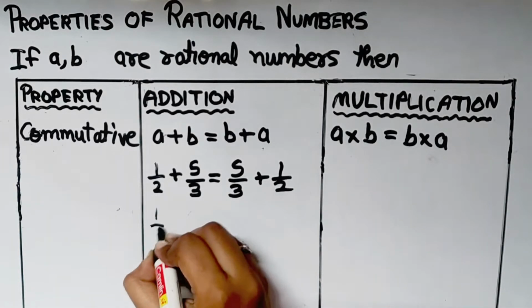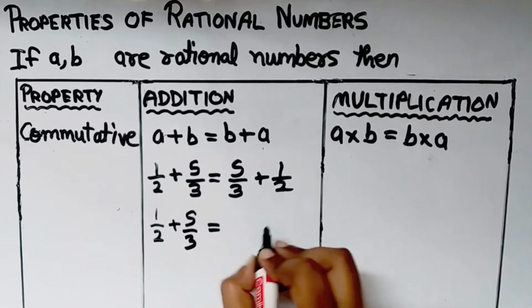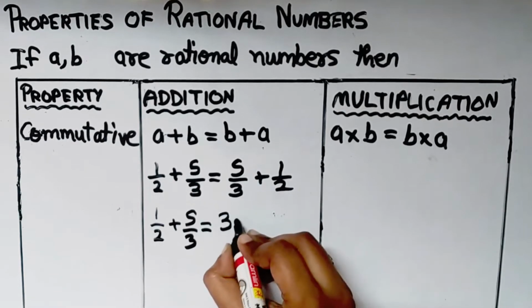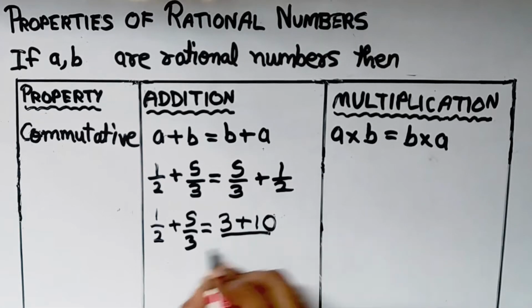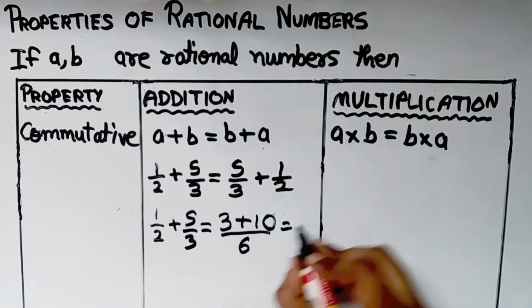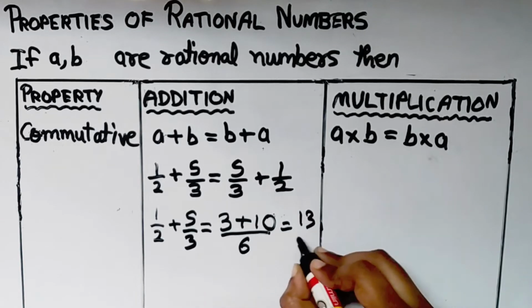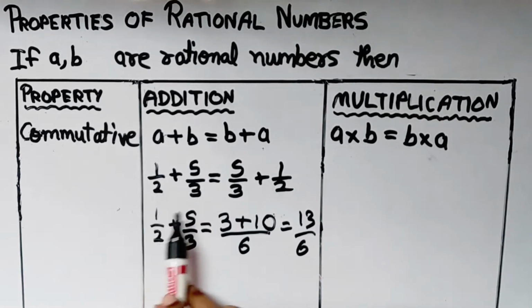See, 1 upon 2 plus 5 upon 3 will be 3 ones are 3 plus 5 twos are 10 upon 2 threes are 6, which is equal to 3 plus 10 is 13 upon 6. This is the left hand side.